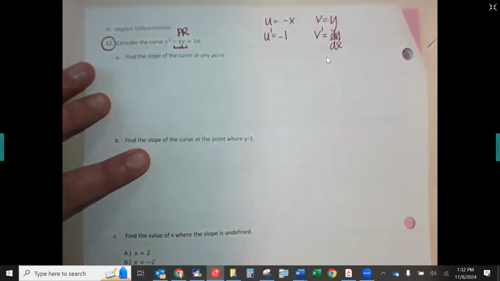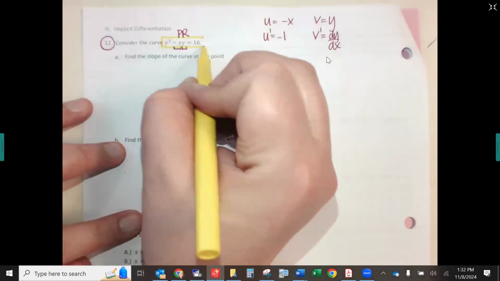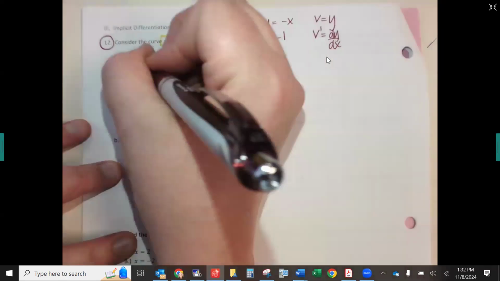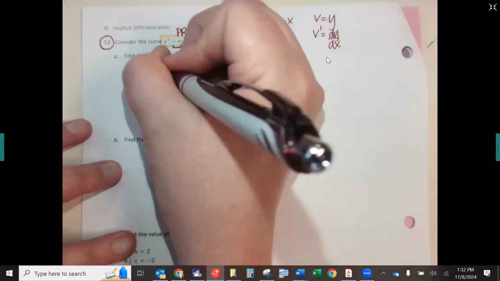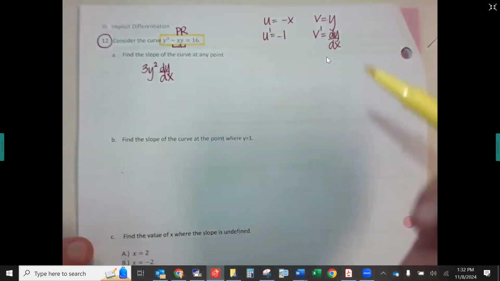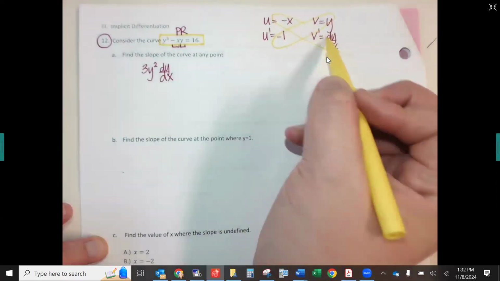So this whole thing from here to here. What is the derivative of y cubed? 3y squared dy dx.